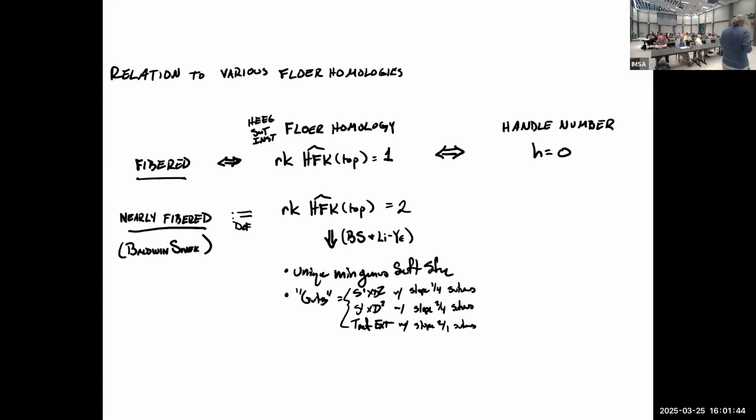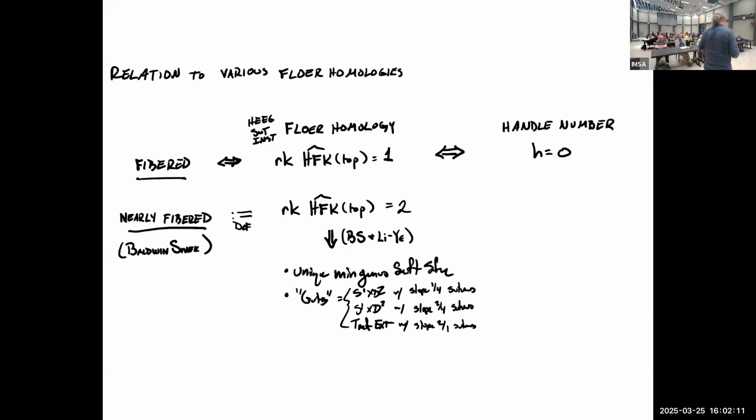And they investigated what properties those knots and links had. And this was extended a little bit by Ni. They see that these knots and links that had their top rank equal to 2, these nearly fibered links, had unique minimal genus Seifert surfaces, which fibered knots all do.